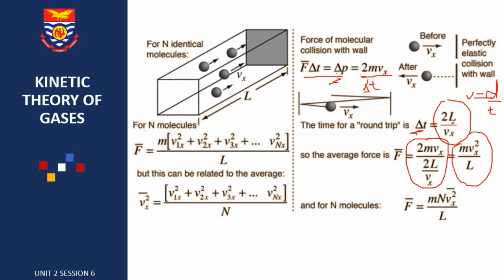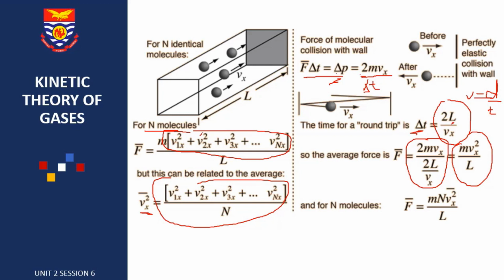But let's look at something here. For n molecules, we are supposed to get v1x squared plus v2x squared plus v3x squared, and that goes on to vnx squared. We can present the whole of this in the square bracket here as our average velocity squared, so that we can put this relation in here.